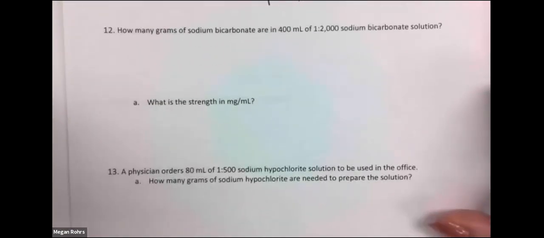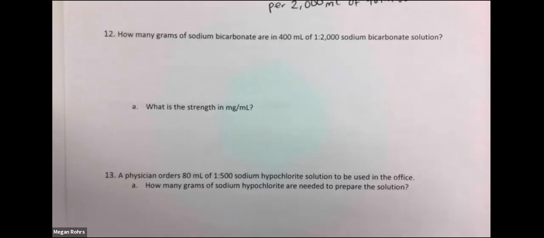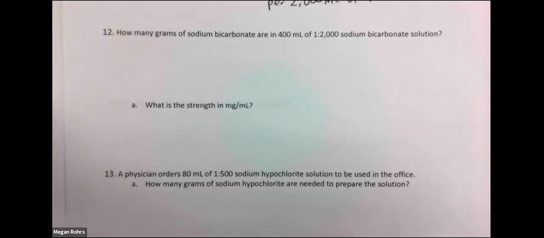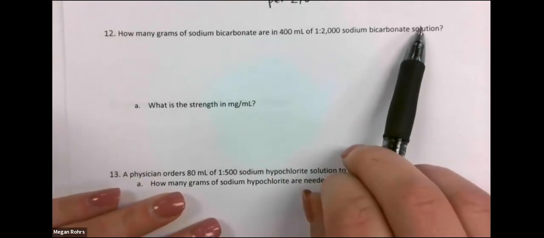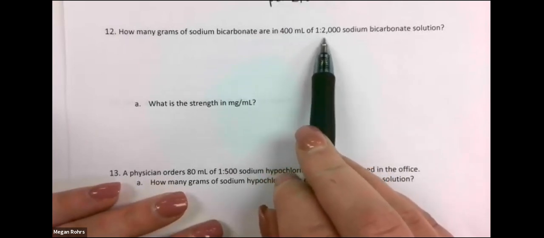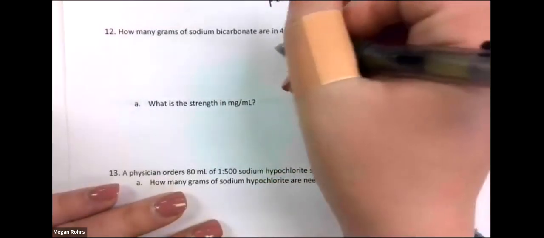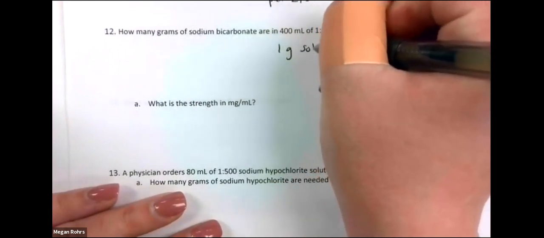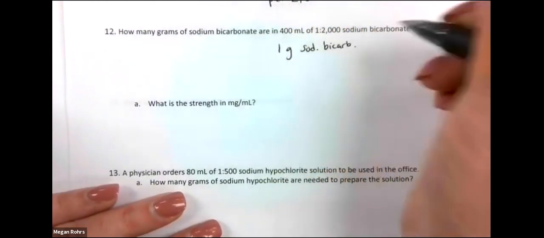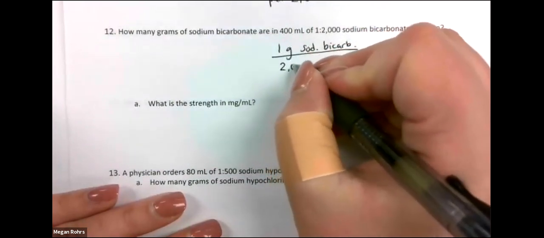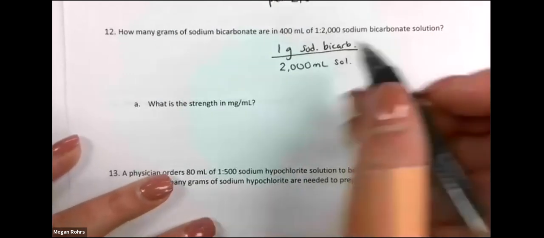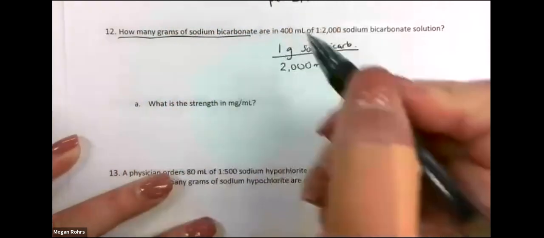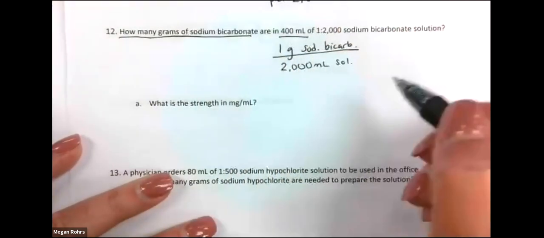So now let's look at number 12. How many grams of sodium bicarbonate are in 400 mils of a 1 to 2,000 sodium bicarb solution? Well, let's start with what we know. We know that we have a 1 to 2,000. We can write that as a fraction. 1 gram of sodium bicarb in 2,000 mils of solution. So it's saying how many grams of sodium bicarbonate are in 400 mils.